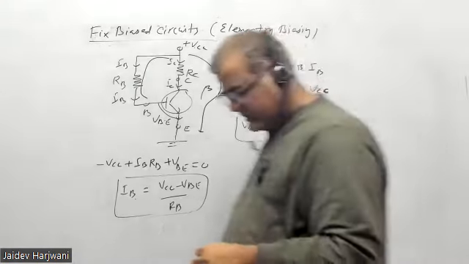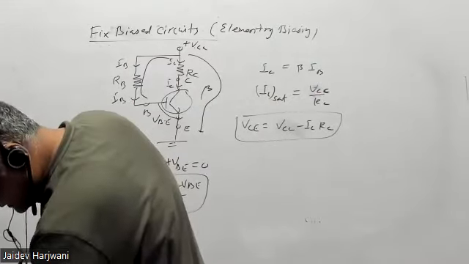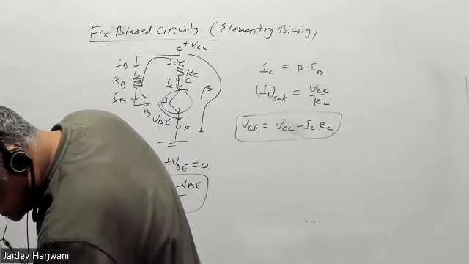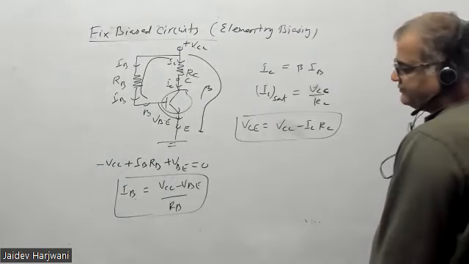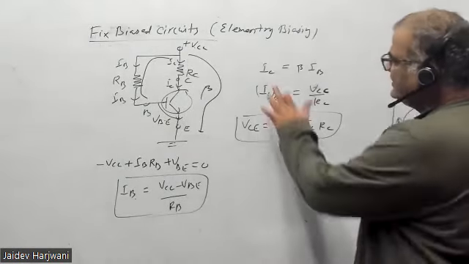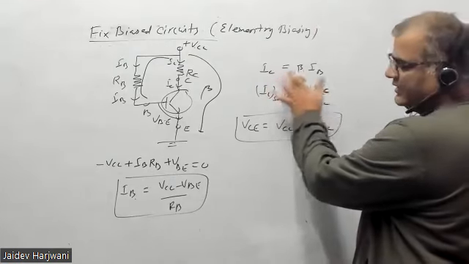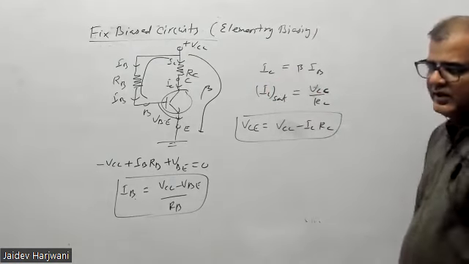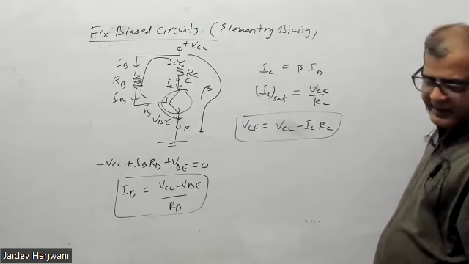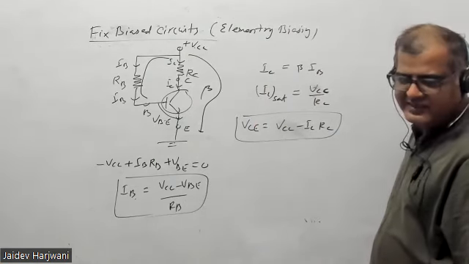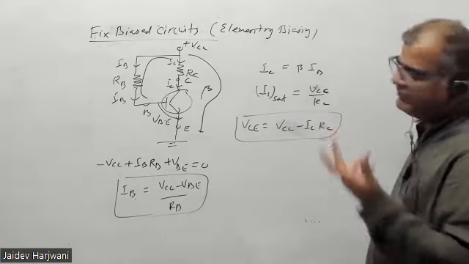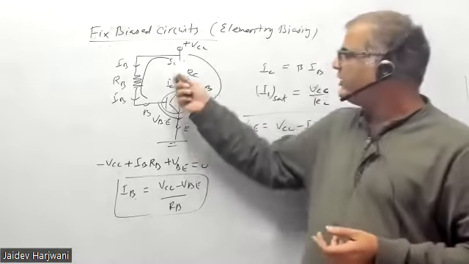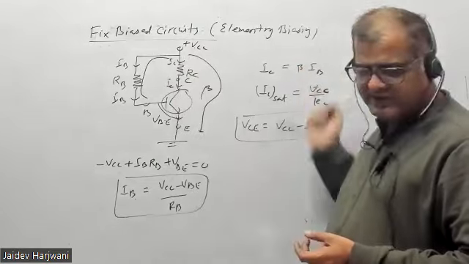But this is a very elementary circuit. Elementary in the sense that here you can see IC depends on beta. So the commercial aspect of this circuit is good: you take one source and connect it with millions of transistors.